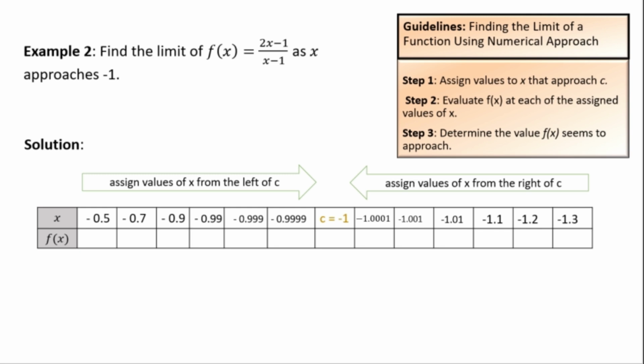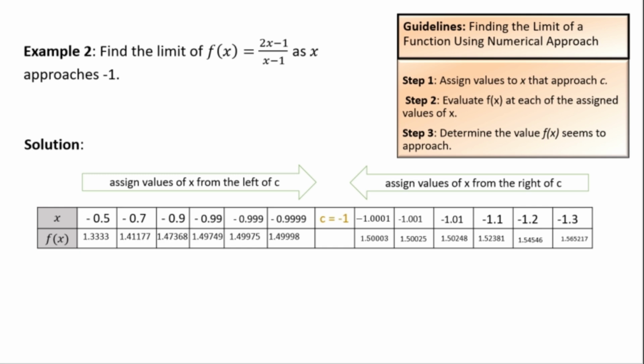Next, compute for f of x for each of these assigned values of x. So again, you can use a calculator here because I used a calculator when solving these values.